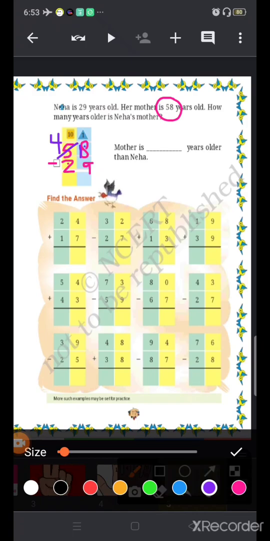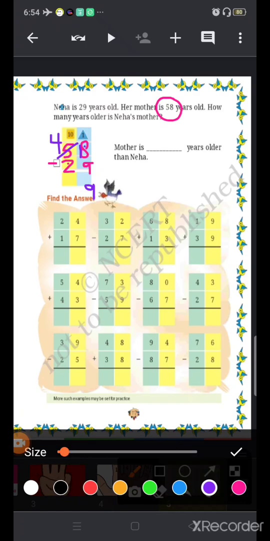So start counting after 9: 10, 11, 12, 13, 14, 15, 16, 17, 18. Stop. Now, how many finger parts have you counted? Yes, 9 finger parts. So what will we write here? We'll write 9. 18 minus 9 is equal to 9.